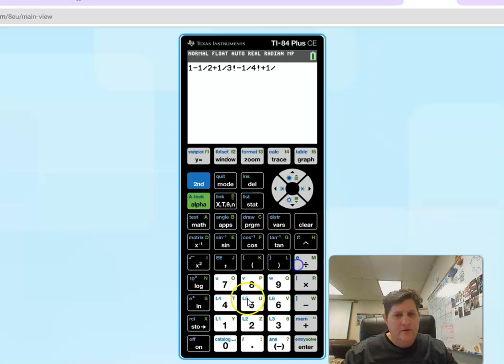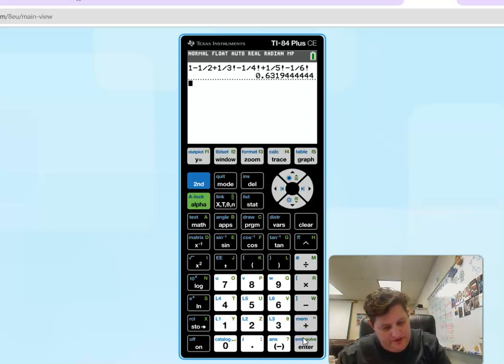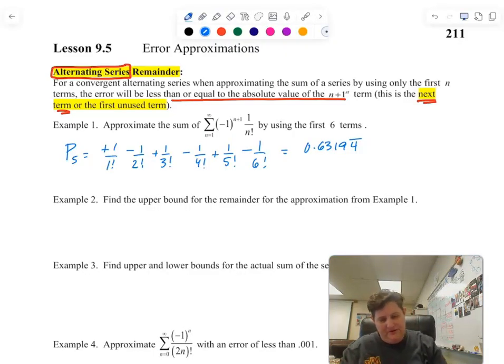Plus 1 over 5 factorial, minus 1 over 6 factorial. There we go. Boom. Okay, first 6 terms: 0.63194, and then the 4 is repeated. Okay, perfect. So this is an alternating series.